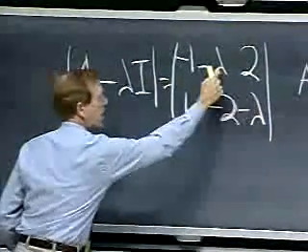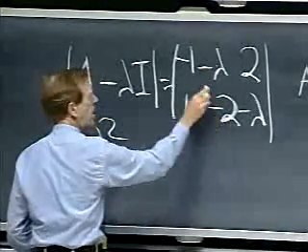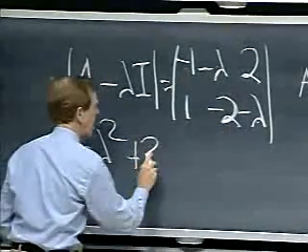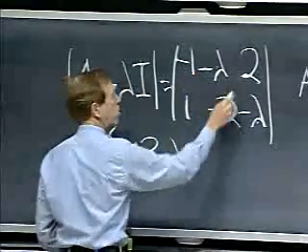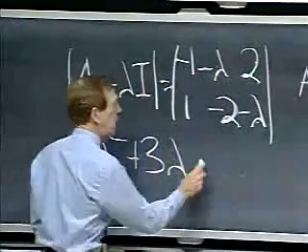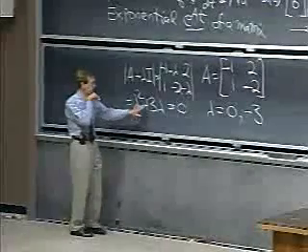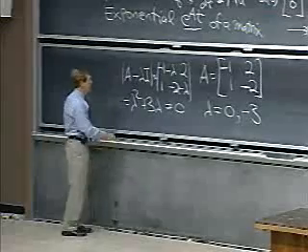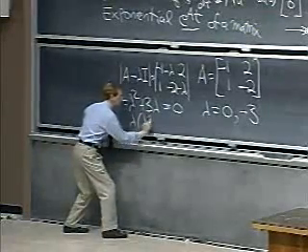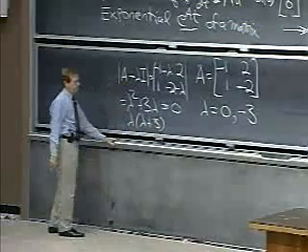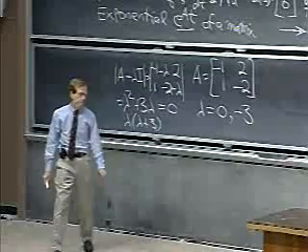When I do that multiplication, I get a lambda squared. I get a 2 lambda and a 1 lambda. That's a 3 lambda. And then I get the determinant, which is 2 minus 2, which is 0. So there's my characteristic polynomial. And of course, I factor that into lambda times lambda plus 3. And I get the 2 eigenvalues that we saw coming.